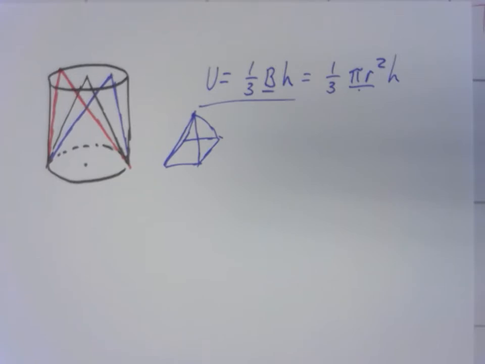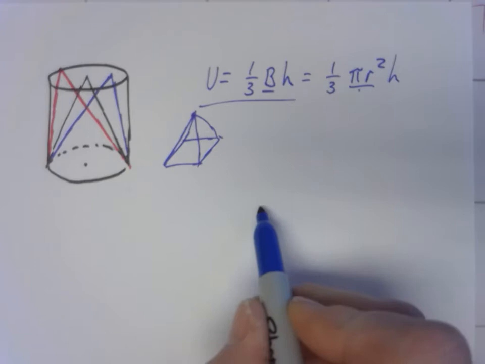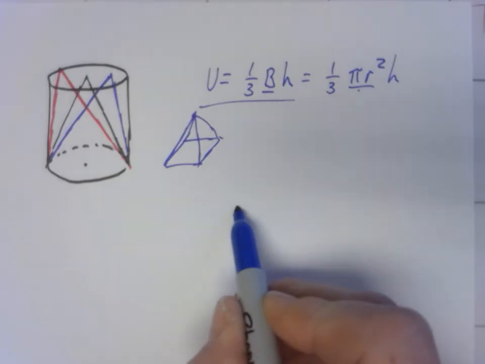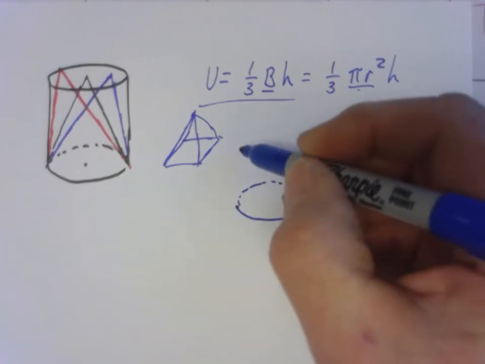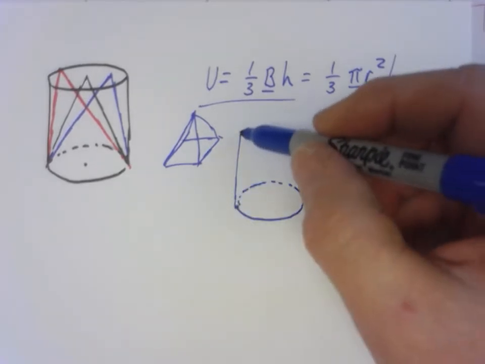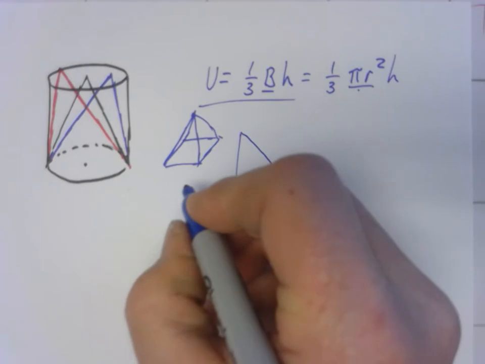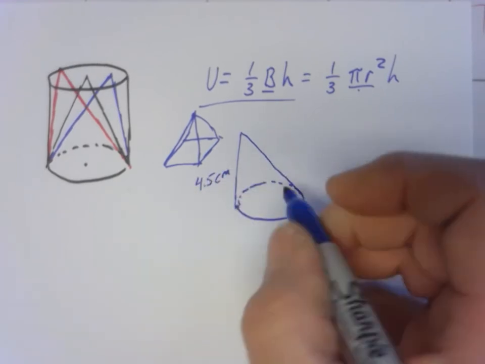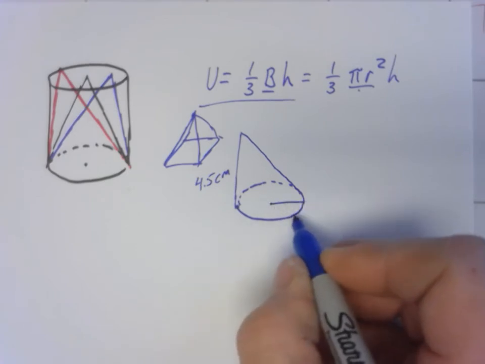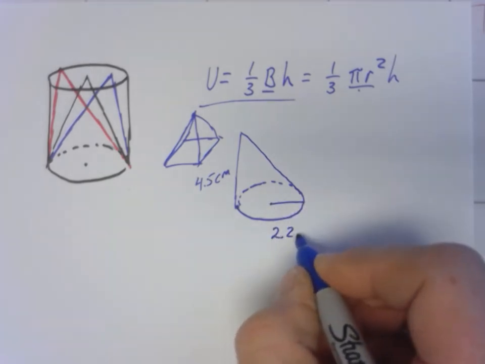If they give you the height of the cone, like on example number 2, they give you this cone, looks something like this. It's not a right cone. They do tell you the height is 4.5 centimeters. They do tell you the radius is 2.2 centimeters.